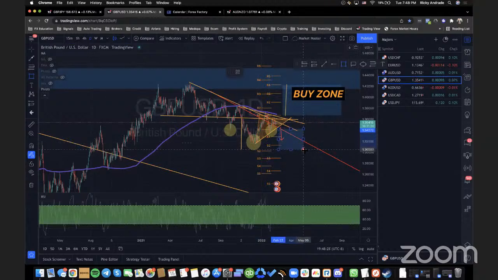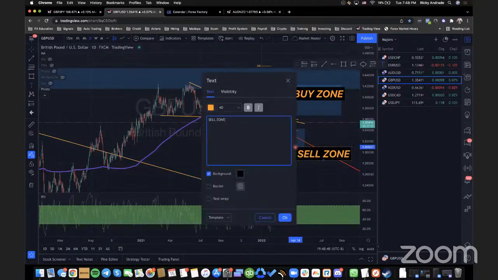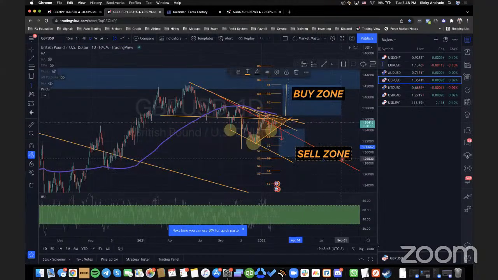If not lower, that's more like a Fibonacci thing. But overall, I think it would drop somewhere around here just from looking at this support level here. That's my sell zone.